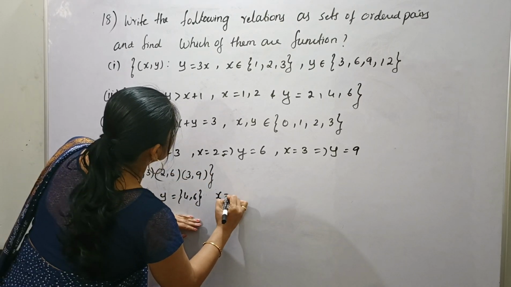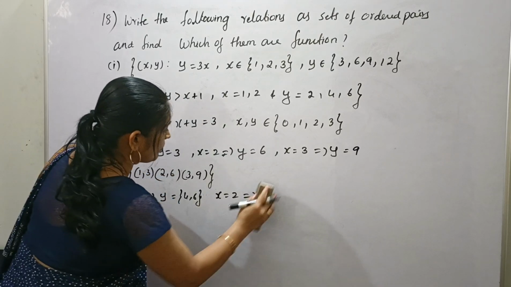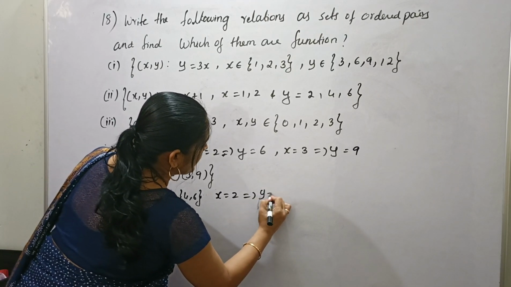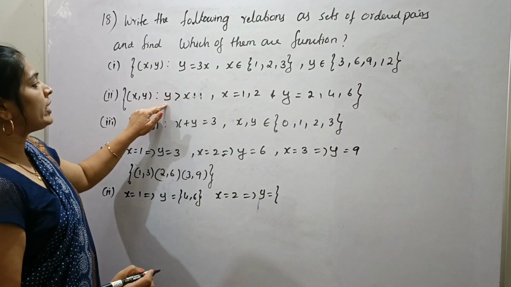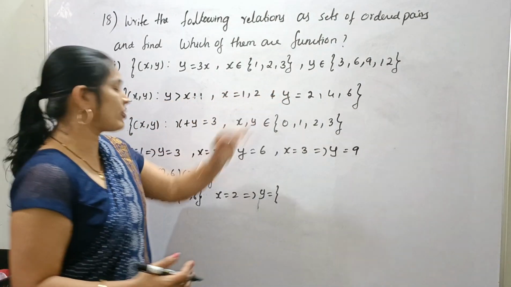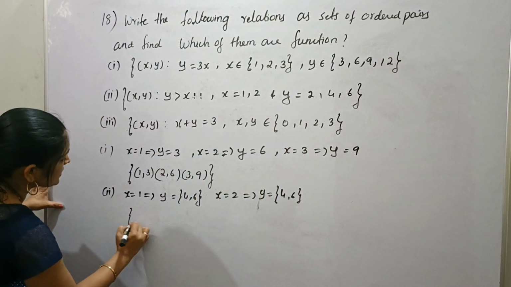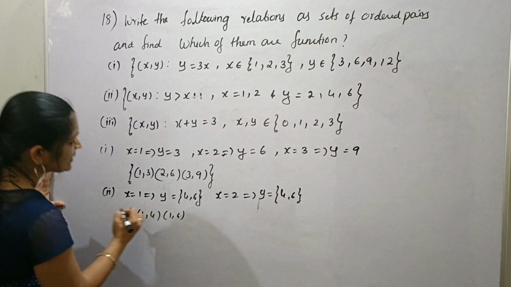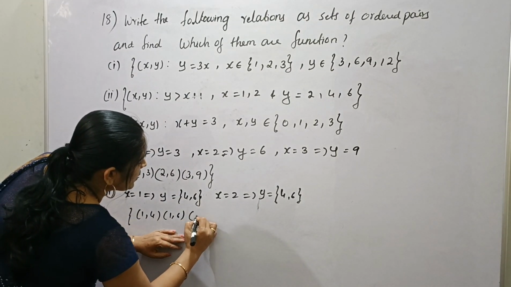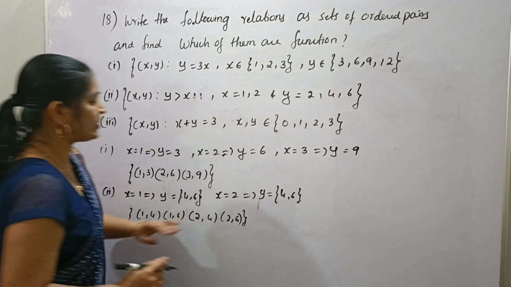And when x is equal to 2, 2 plus 1 is 3, y greater than 3, that is also 4, 6. So here we can write the set: (1, 4), (1, 6), (2, 4), (2, 6). These are the elements of this set.